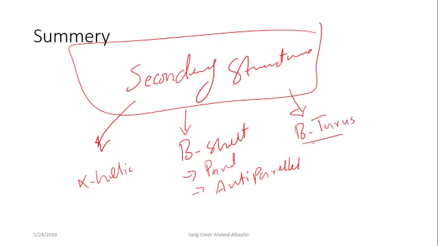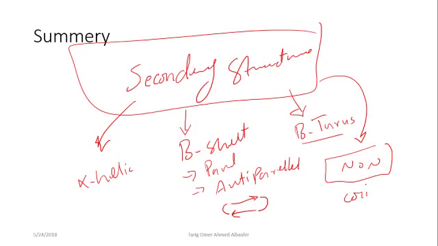As we said, they link the two sheets together by this way or by this way. And lastly we have some non-repetitive structure which represents the coils and the loops.